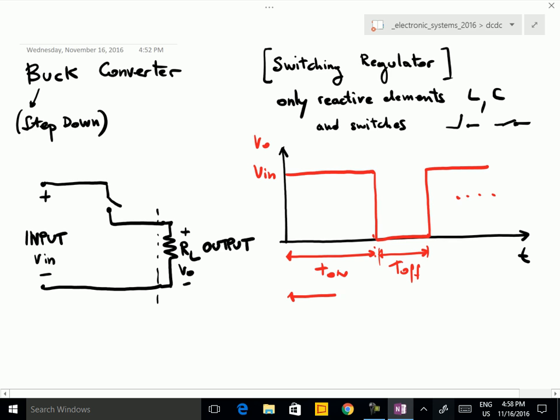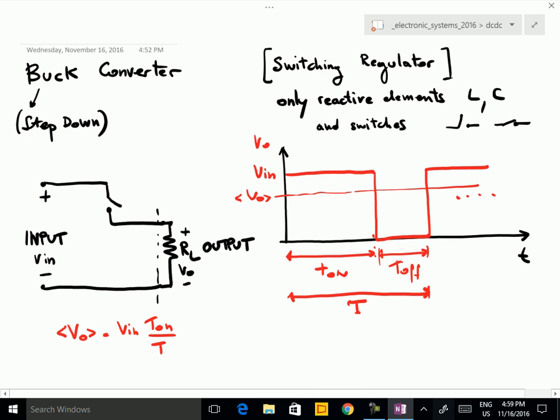This is a periodic behavior. The period is T, the sum of T on plus T off, and the output voltage is a rectangular wave, but the average output voltage is Vin times T on over T.